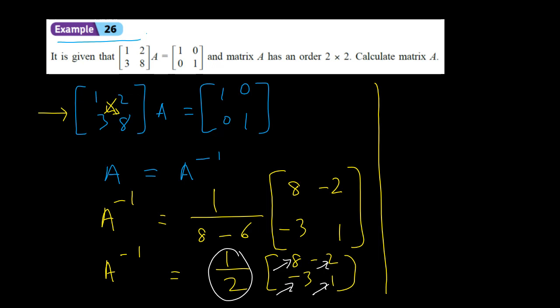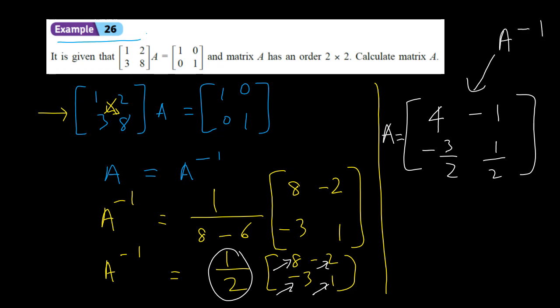So you'll get your answer. 1/2 times 8 is 4. 1/2 times -2 is -1. 1/2 times -3 is -3/2. 1/2 times 1 is 1/2. So you'll get your matrix A. Your matrix A equals this one, and actually it is the inverse of the given matrix. So this is the answer.